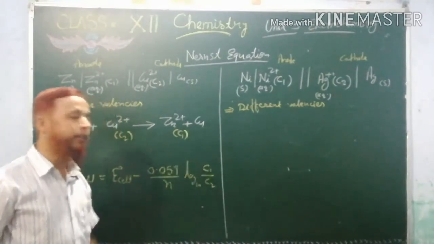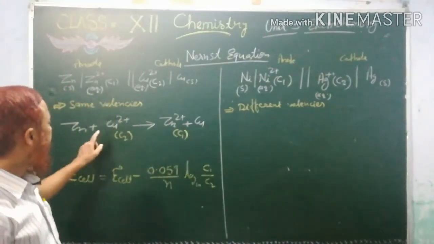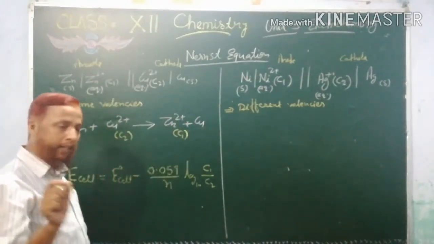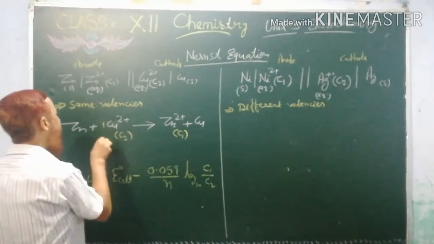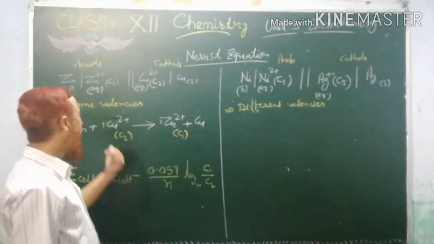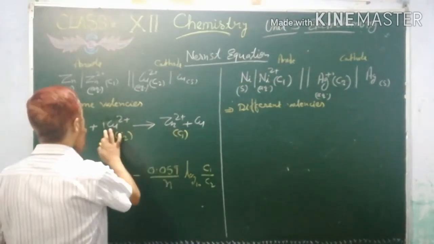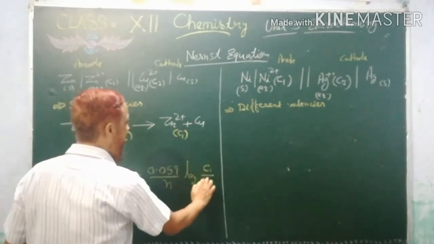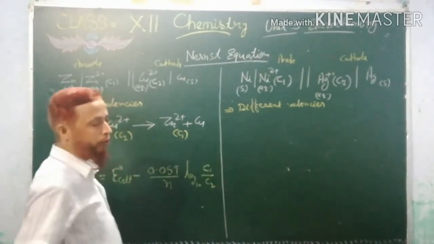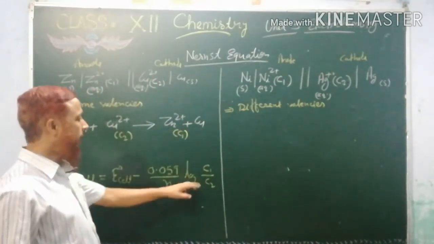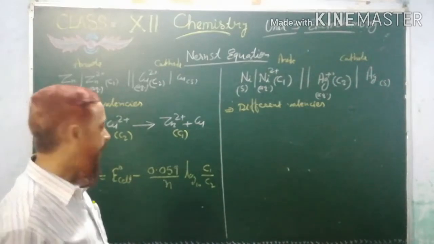That concentration we will write here. Due to the similar valency, the stoichiometry of the ions will be 1 into 1. 1 mole of Cu2 plus, 1 mole of zinc. So that is why we are not writing any power of this C1 and C2. Directly we will substitute the concentration terms here, and we can apply this equation.